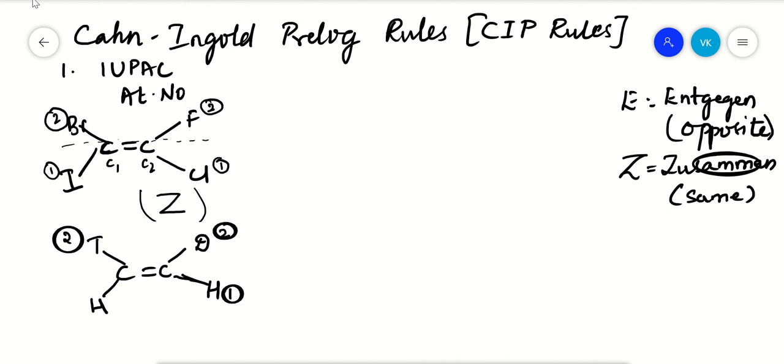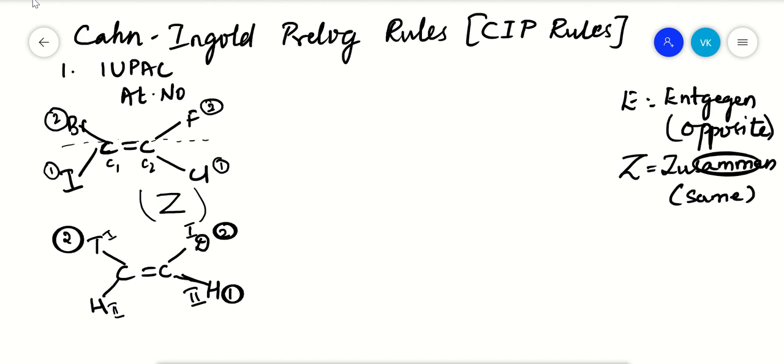So depending on these atomic masses, we are going to give the priority order. Hydrogen has atomic mass 1 and deuterium has atomic mass 2. So deuterium is given the most preference here and hydrogen the second preference. On the other carbon, tritium is given the first preference and hydrogen the second preference.